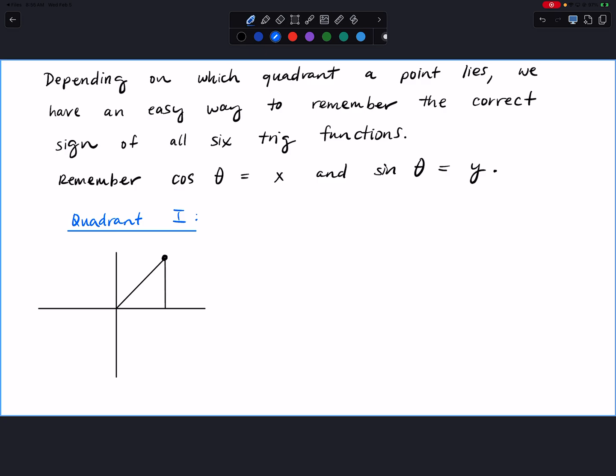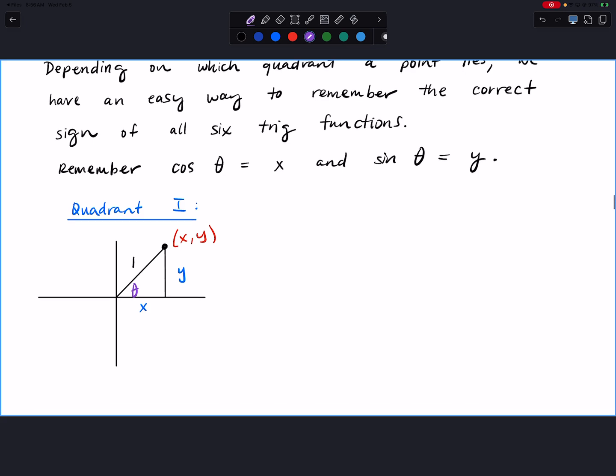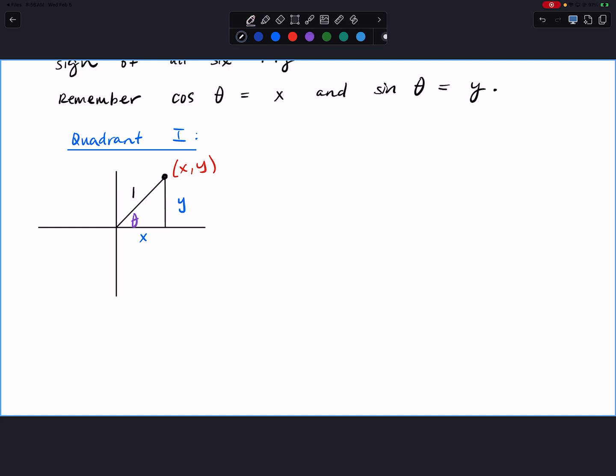So if this is some point on our unit circle, so I didn't draw it, but just pretend like we have the unit circle. I'm going to call the radius 1. This is some point x comma y. So this point right here is x, and this side right here is y. And then this is going to be theta. So according to our definitions, we know that the sine of theta is the same thing as y.